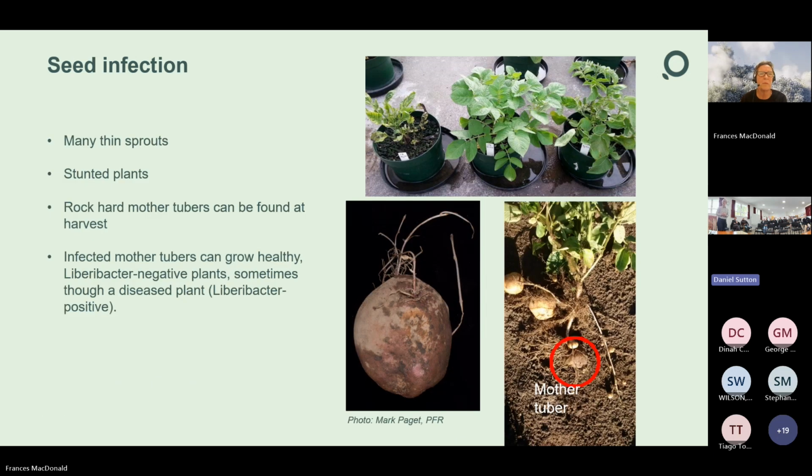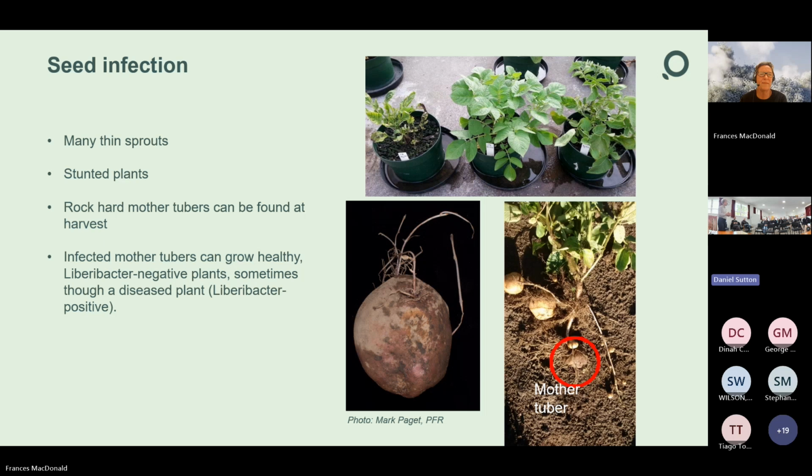Seed infection. How can you see that a seed potato is infected? Once it starts sprouting, it has those really thin, watery sprouts, and quite a lot of them as well. The tuber feels a bit flaccid. It feels a bit spongy. It will grow stunted plants like the one you see there on the left-hand side.